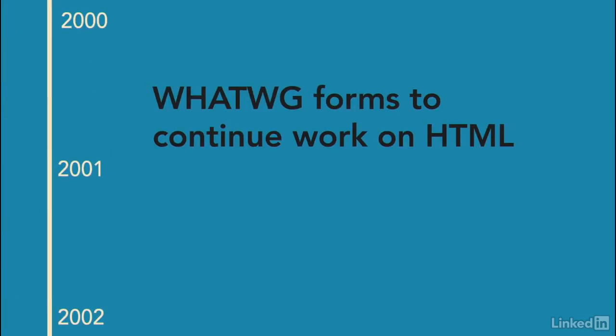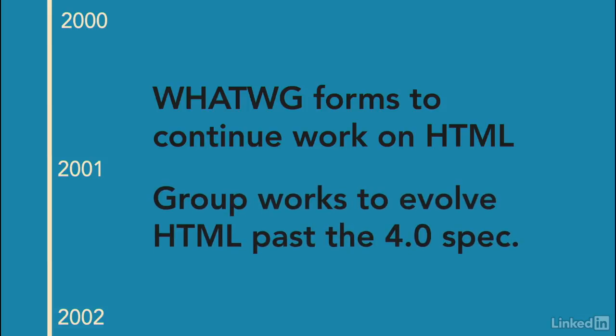While the W3C was busy focusing on XHTML, a group of organizations and individuals got together around 2004 to continue work on HTML. Their goal was to take the HTML 4.0 specification and just continue moving it forward. This group calls themselves the Web Hypertext Application Technology Working Group, which is also referred to as the awkward WHAT working group.